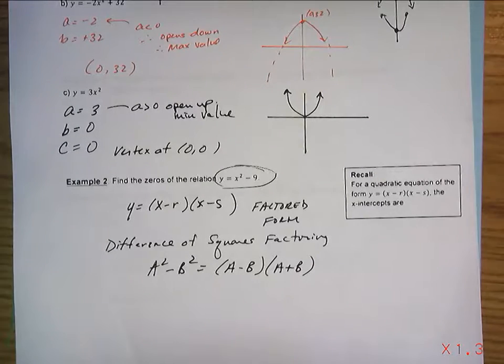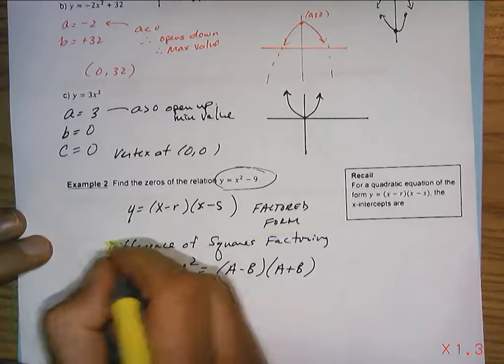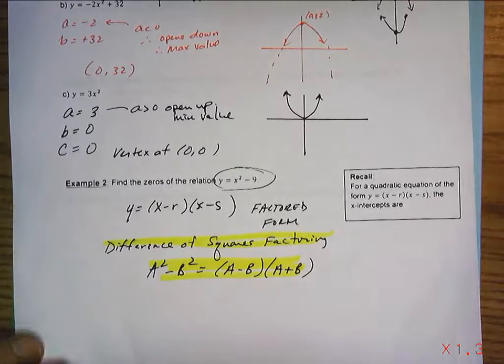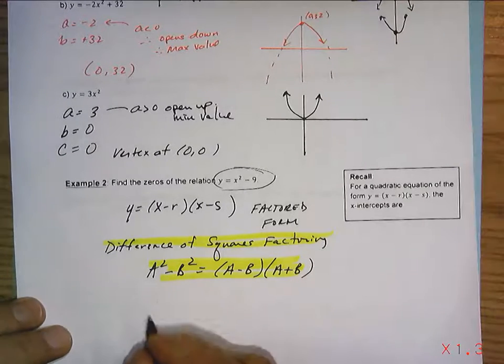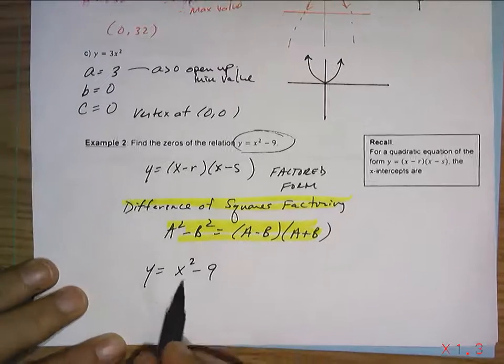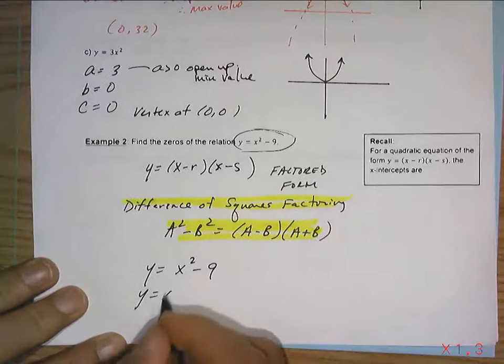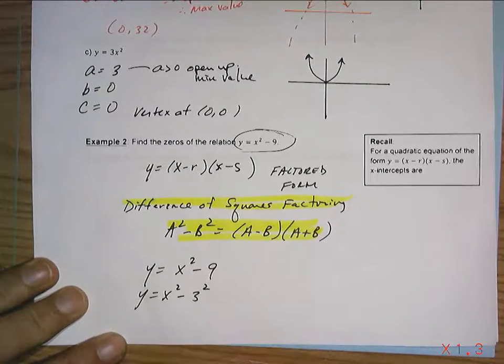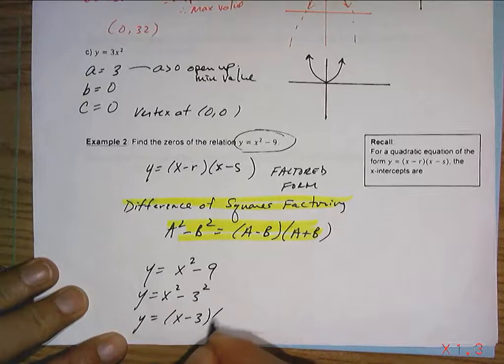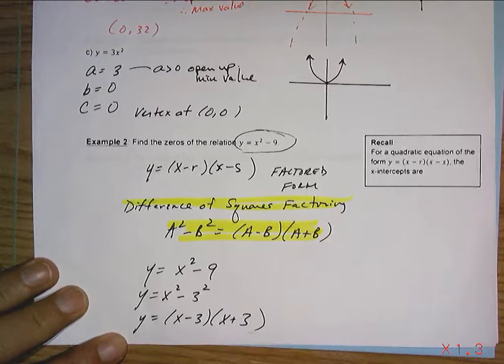Now, what we have is y equals x squared minus 9. This is a difference of squares because 3 squared equals 9. So this can be factored into (x minus 3)(x plus 3).